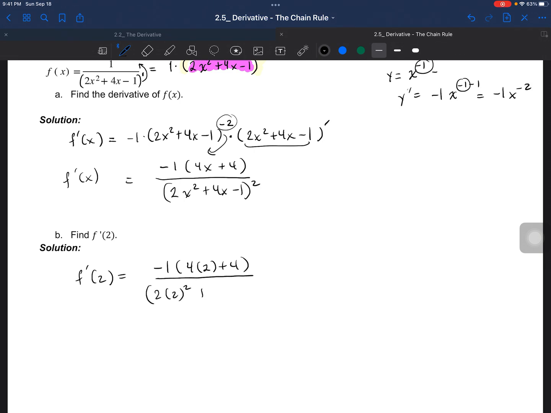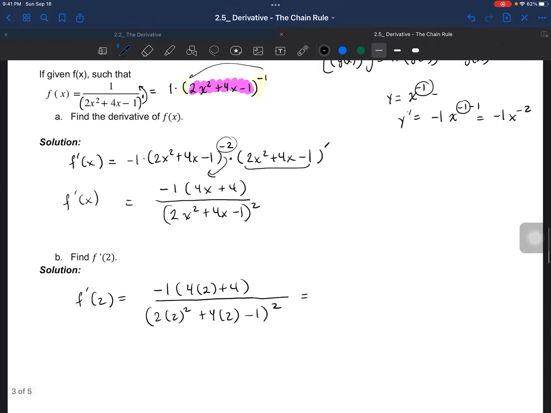Don't forget that we have to square the whole denominator, so I want to make sure I extend my fraction bar there. So there you go. Let's go ahead and simplify the top.